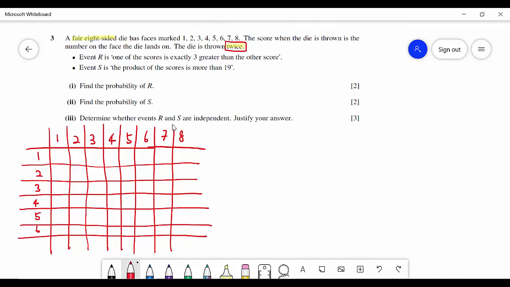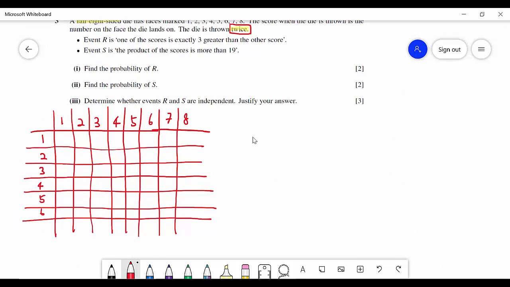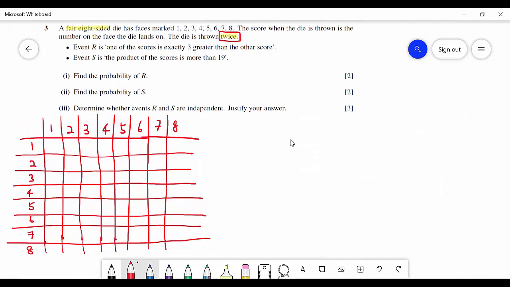Okay, so I think we need to adjust it a bit. From here you can see that there are a total of 8 multiplied by 8, which is equal to 64 outcomes that we will get from this possibility space diagram. So 64 outcomes here.